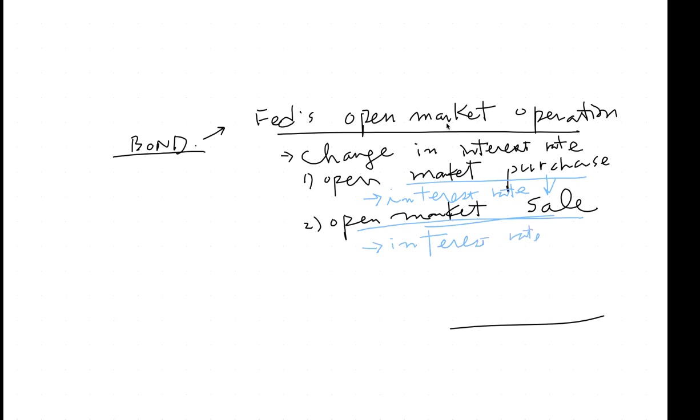Okay, I explained this. This changing of interest rate is to stabilize the economy. To fight recession, they lower the market interest rate. To fight inflation, they raise the market interest rate, so that families and businesses find it hard to borrow money. This is the Fed's open market operation. You should know that.